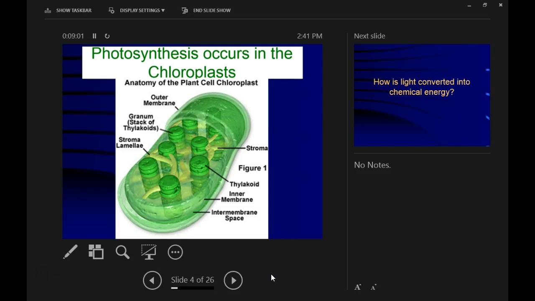All right. Now, there's actually some importance to these different structures, and I want to mention one. Photosynthesis is composed of two stages. One stage called the light reaction, and one stage called the dark reaction. The light reaction occurs within the thylakoid.